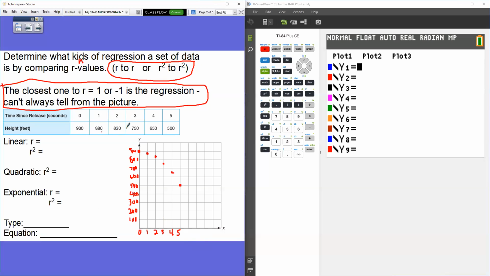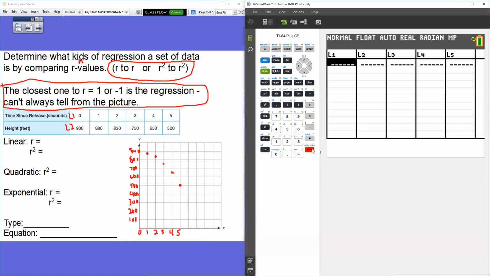So what we need to do is type these values into our L1 and our L2. Go to Stat, Edit. In our L1, we have 0 through 5, so we're just going to put in 0 through 5 into our L1. And then in our L2, we're going to type in the feet.